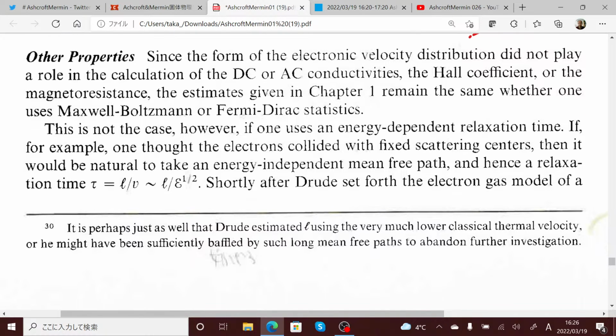This is not the case, however, if one uses an energy-dependent relaxation time.